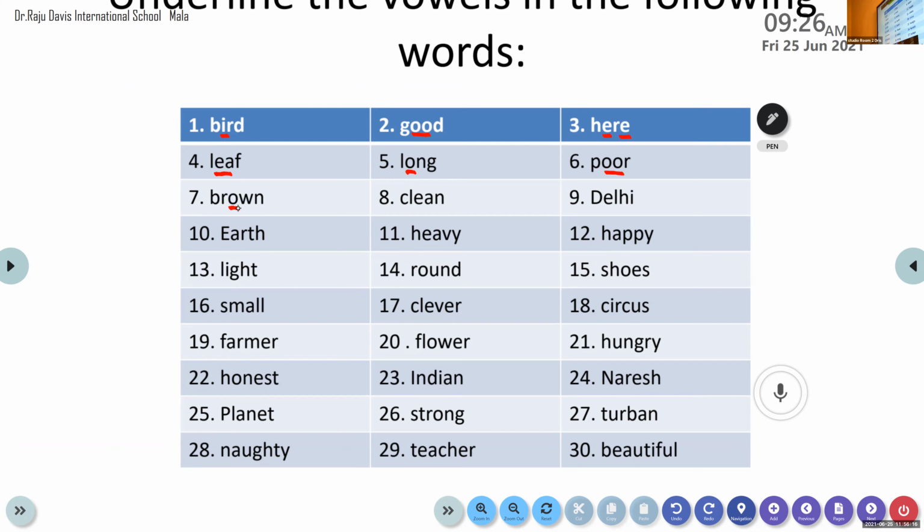Shankar, your full name is what, Shankar? Yes, got it. Shankar, come on. Do the next word for me. Clean. Yes, it is the eighth word. It is clean. Okay, which are the vowels in it? Yes, come on, tell me the answer.